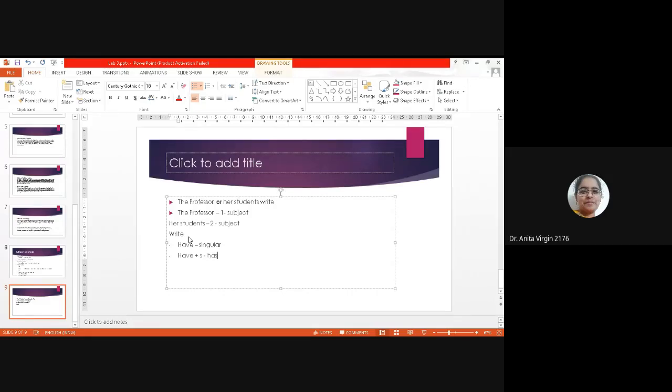Where will we use verb plus s? Third person singular. So whenever you have third person singular, we don't use have, we use has. Got it? Please make a note of everything and go through it again and again. If you have any doubts, please ask me when we meet in the next class, or even at the end of this class, you are welcome.